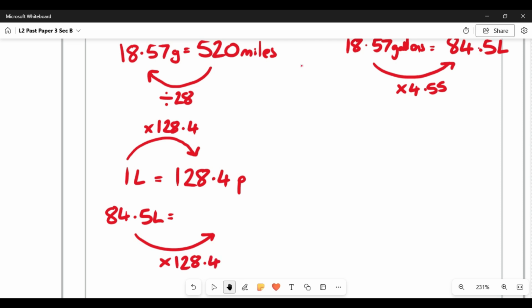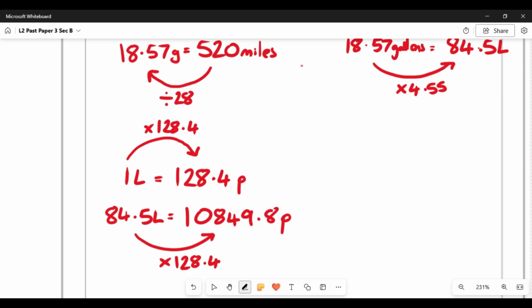So if you've still got your answer on your screen, which I have, I'm just going to times that by 128.4, which gives me 10849.8 pence, which looks a bit unusual, but obviously this is in pence.